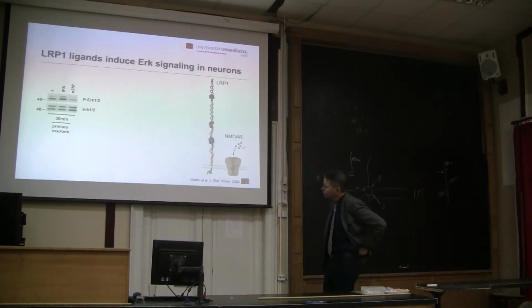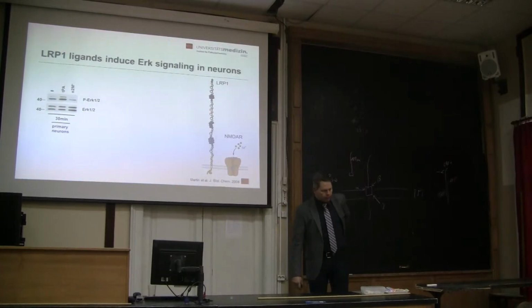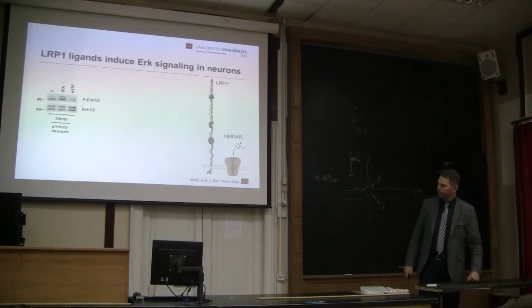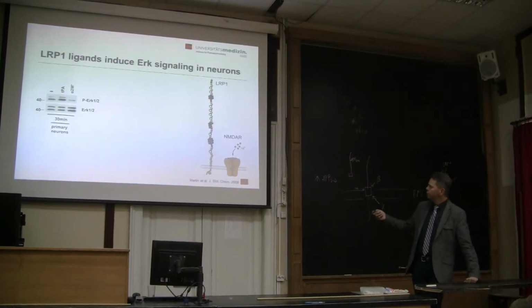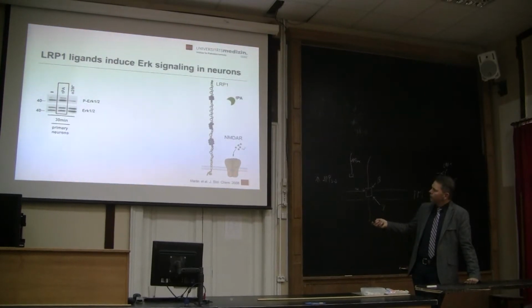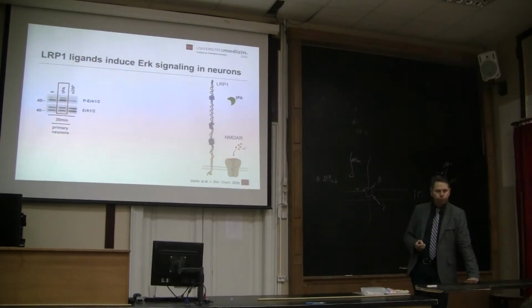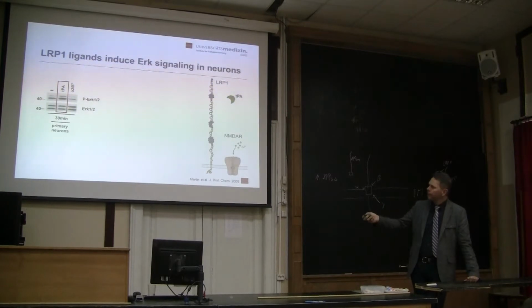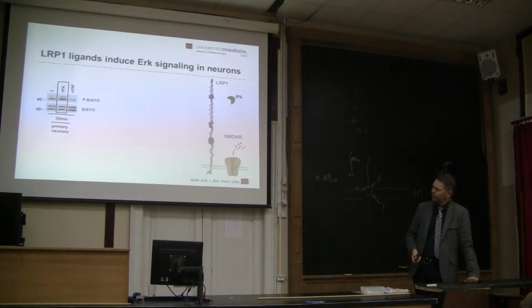So coming back to the original idea, from those papers that stated that when you treat neurons or young neurons with TPA, this TPA should activate the NMDA receptor, in our lab we started to measure that by downstream signaling from the NMDA receptor. We just chose a very common signaling cascade, the so-called ERK cascade, the MAP kinase phosphorylation cascade.